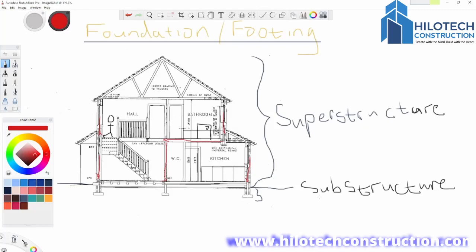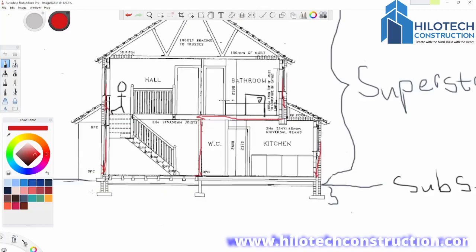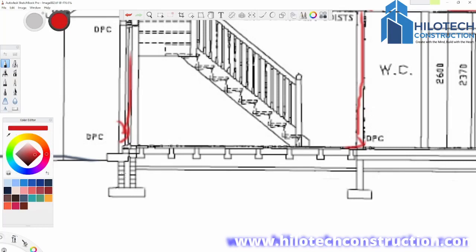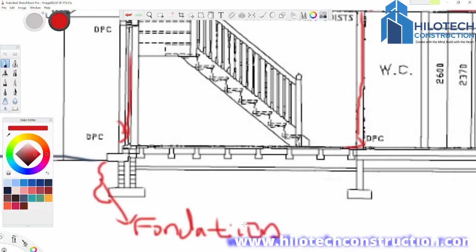So that is the function of the substructure, to receive the load from the superstructure and send it to the ground. Okay, so what actually receives the load is what we call the foundation or the footing. Now, these two terms are always used interchangeably, but there is a slight difference between them. A foundation is what exists below the ground here. So everything that you see here, this little column and the footing that you see, all of this makes up the foundation.